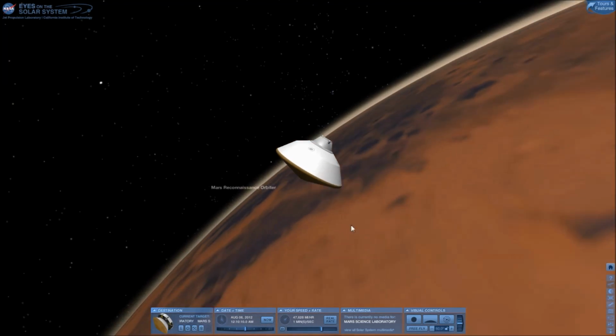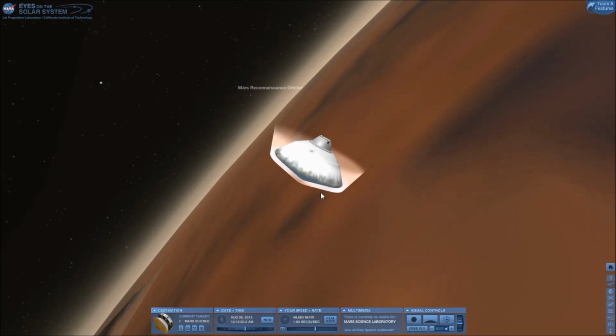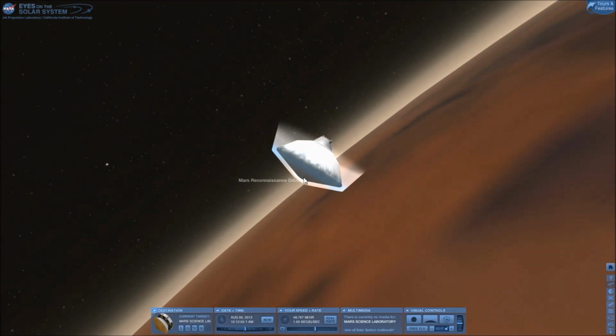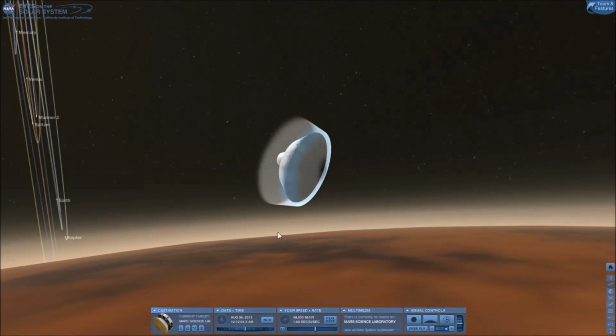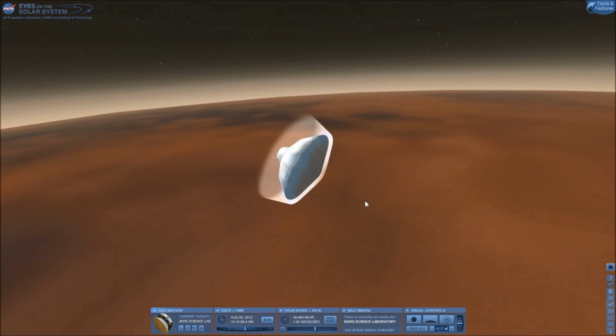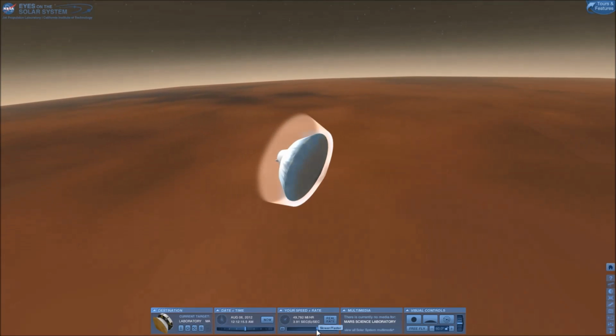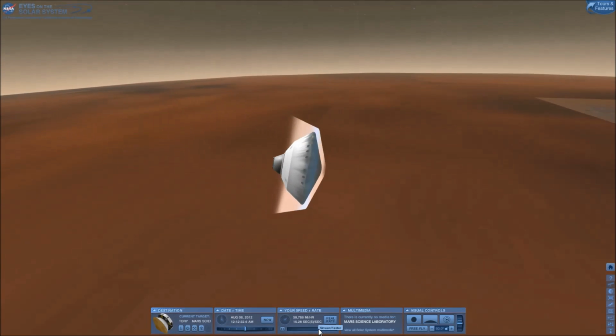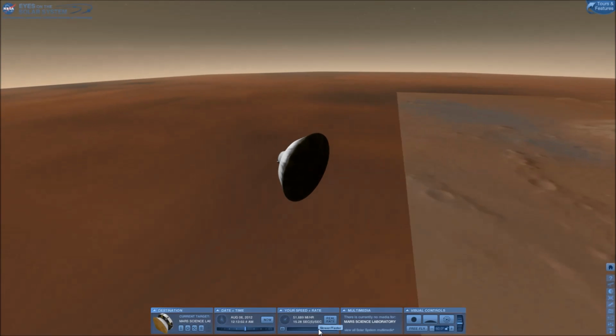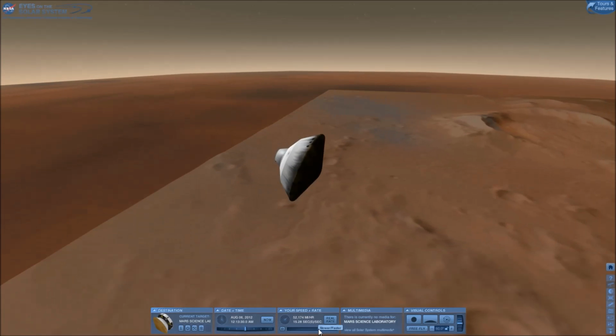So it'd only be 7 seconds of terror versus 7 minutes, right? And you can see the atmospheric effects, not quite KSP level, but they are represented. And we're making our descent. And we made it through the atmosphere, which is pretty cool.